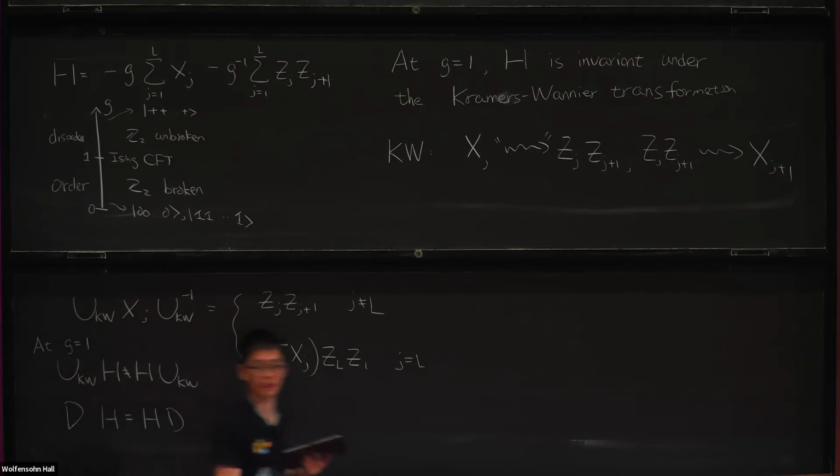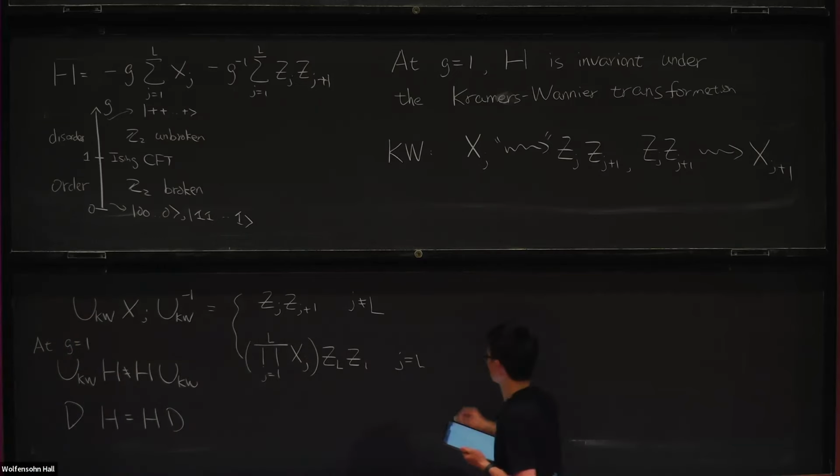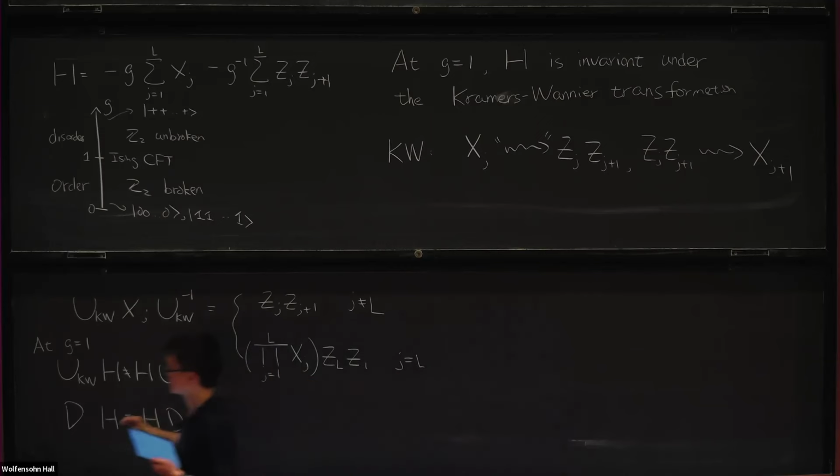Okay. This U_KW has a name, and probably Shu-Heng will talk about it in her lecture next week. It's a sequential quantum circuit. So it's a quantum circuit, but it's not a finite depth circuit because it involves a product.